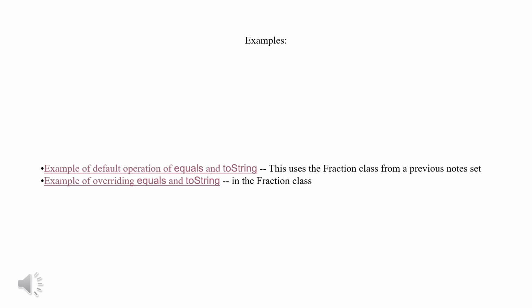Here you can see two simple examples that show you how the equals and toString methods work for a very simple class named Fraction. You can follow these links and see these examples.